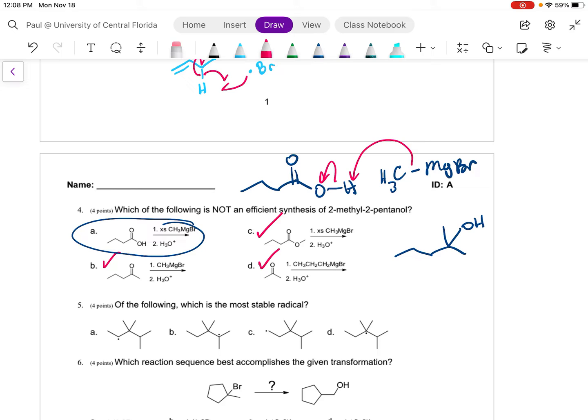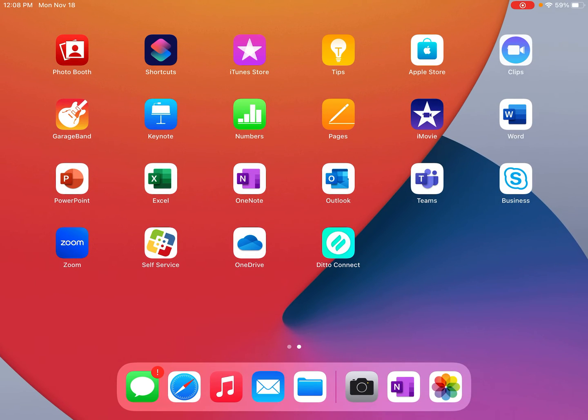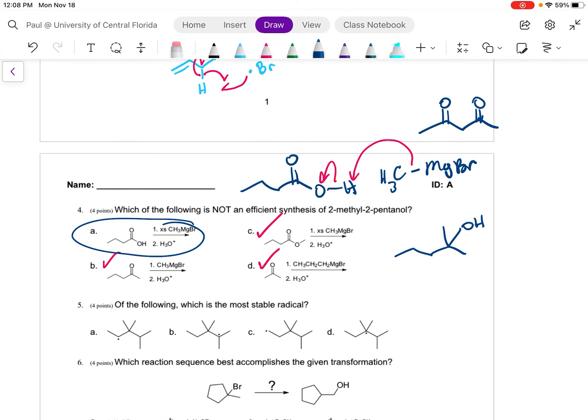And when that grabs that acidic proton, the Grignard reagent has been destroyed or used, and now you can't do anything else. So your product is going to be just a carboxylate. Would just be a carboxylate like this. That's what the product would be for A.